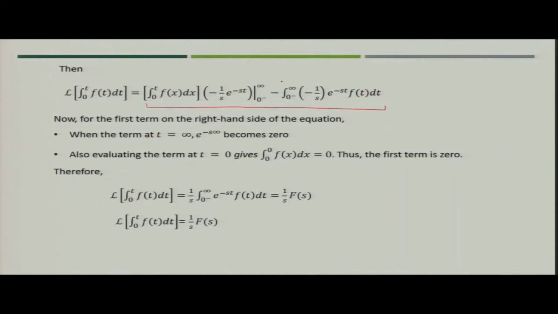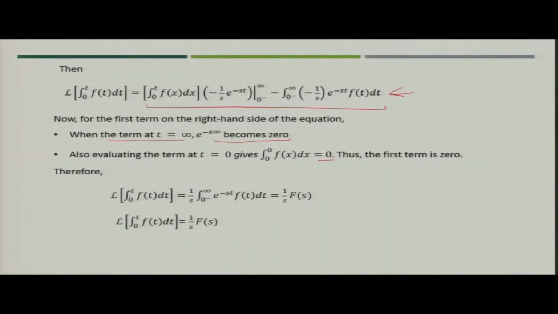Now, if you see carefully this particular expression, when the term t tends to infinity, let us talk about the first term which you have in this expression. So, if t tends to infinity, then this value will tend to 0, and again when time t is equal to 0, this integration will become integration between 0 to 0 f(x) dx, which will again be 0.